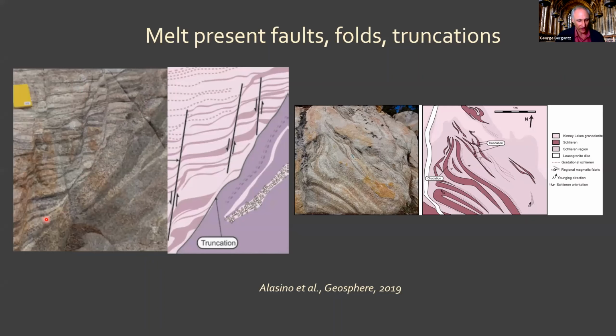What this is telling us is that the behavior of this mush is not simple. It isn't a simple on-off, locked-unlocked kind of system. Because right next door, or very nearby, you have places where you have ductile behavior, almost soft folding of strongly mushy material.